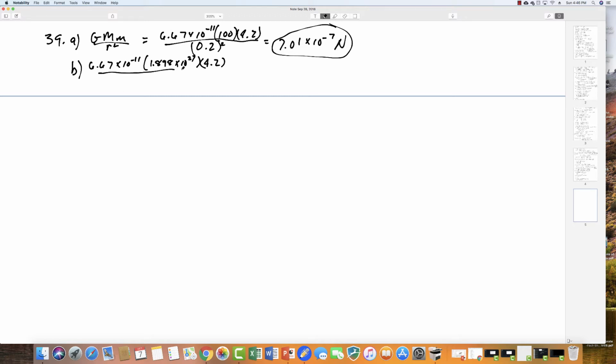And the distance now, given in the problem, is 6.29 times 10 to the 11, and that is squared. And this square of the distance is what makes the force of Jupiter not really influential on the child, because when you do this calculation, you get 1.35 times 10 to the minus 6 newtons.